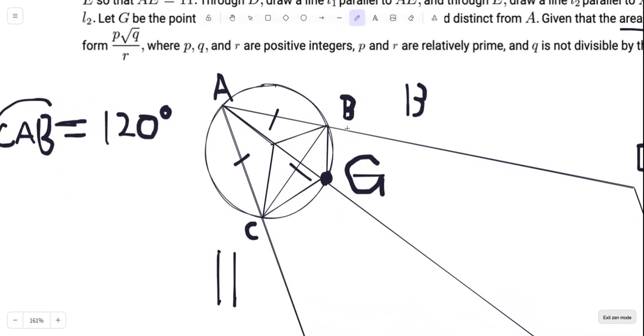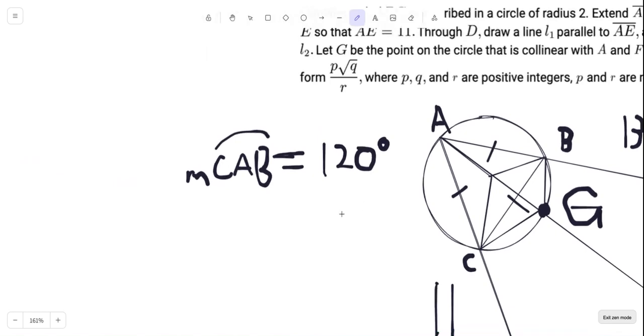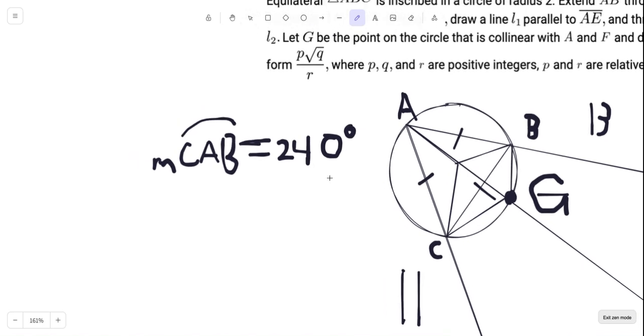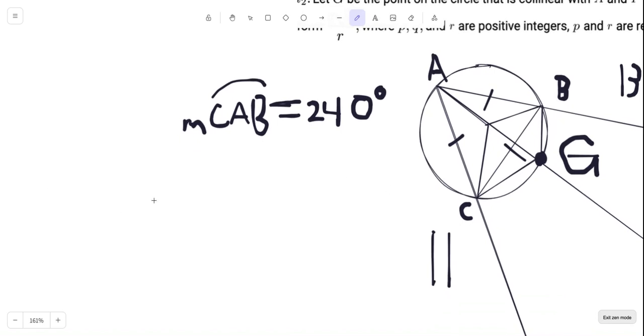Which means an inscribed angle CGB, subtending this arc, would have half that measure. This arc is 120 degrees, this arc is also 120, so CAB will be 240. And the angle CGB would be half of that, which is 120.